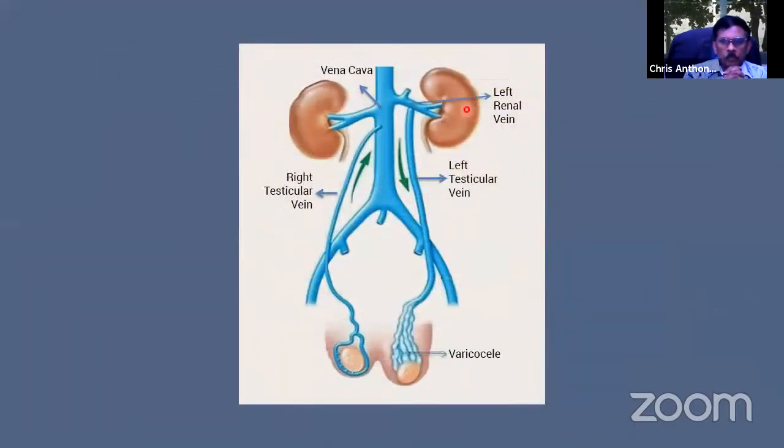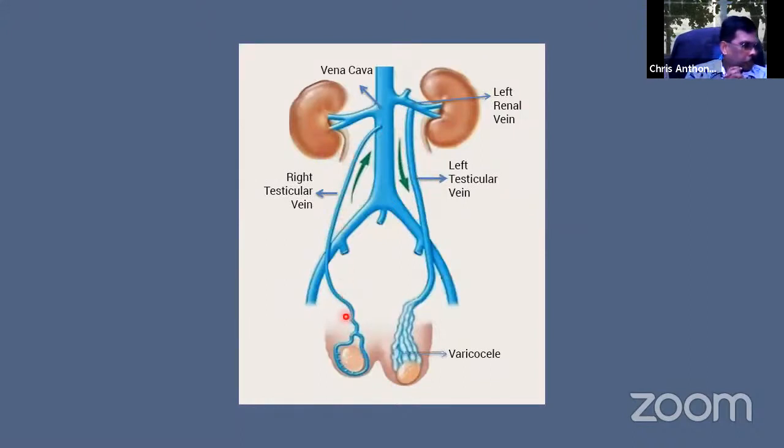This is the outline of the venous drainage of the kidney. As I said, the veins drain into the renal vein on the right and left side, which then carries the blood into the vena cava. Of importance is the difference between the testicular vein on the left and right side.